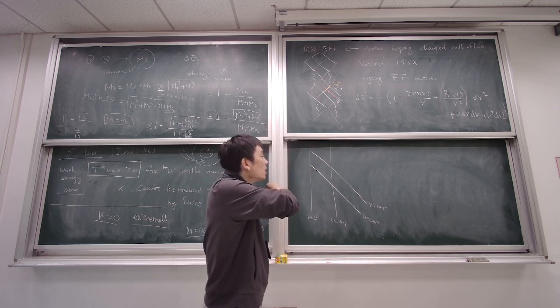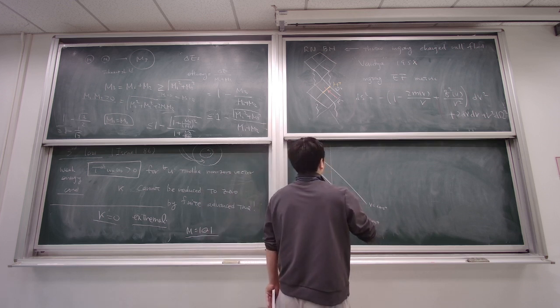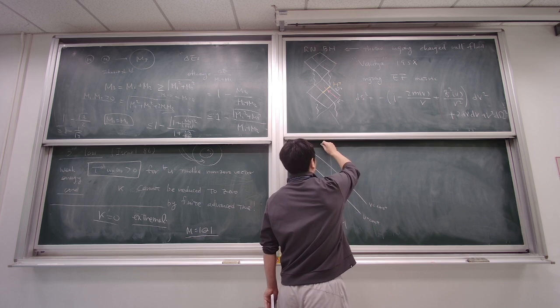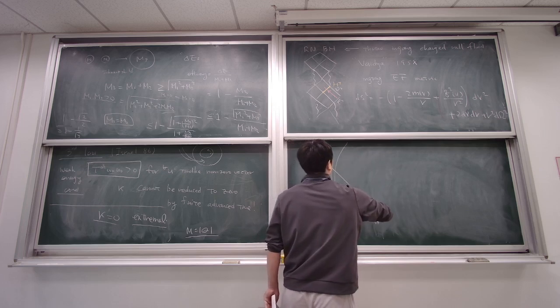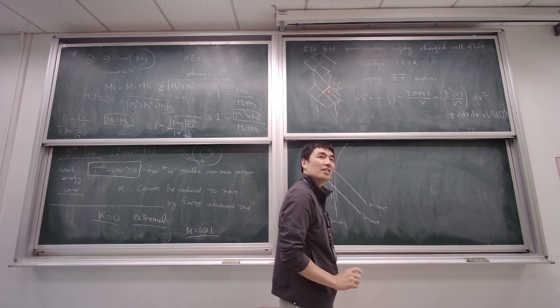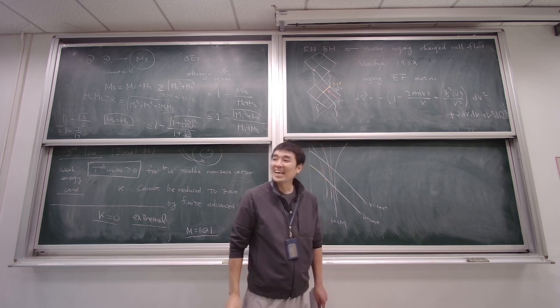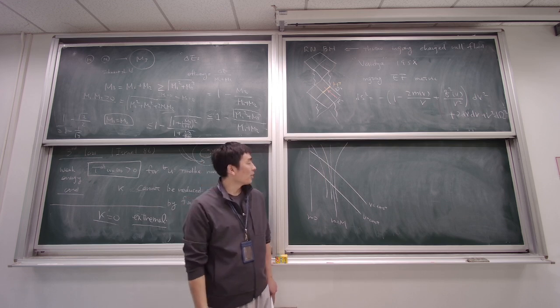And then r is constant surface is always something like this way. I don't remember the detail. It should be okay, right?